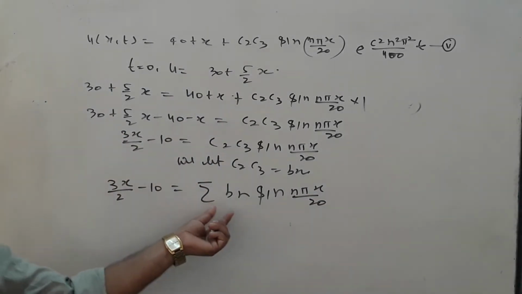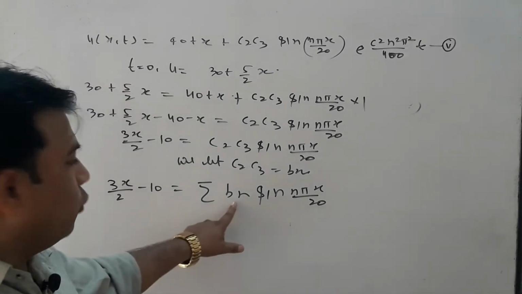We find the value of bn by the Fourier series.